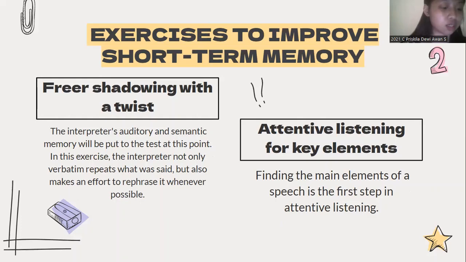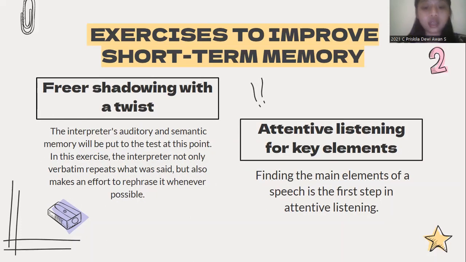In this exercise, the interpreter not only repeats verbatim what was said, but also makes an effort to rephrase it whenever possible, as it is seen as the first step into a free translation. This paraphrasing of the original is typically discouraged in legal contexts, although it doesn't pose any difficulties as a memory exercise.